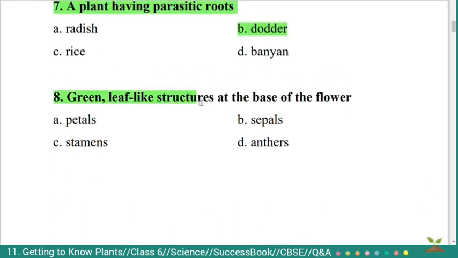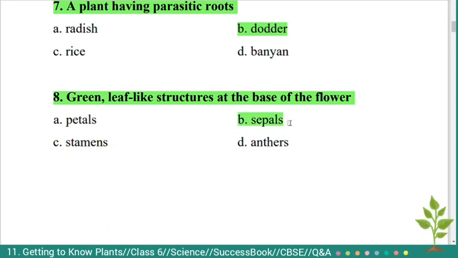Eighth question, green leaf-like structures at the base of the flower. Option A. Petals, B. Sepals, C. Stamens, D. Anthers. Here the correct answer is option B, sepals. Green leaf-like structures at the base of the flower is sepals.